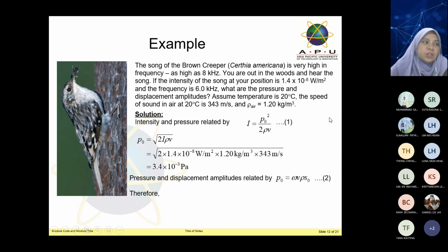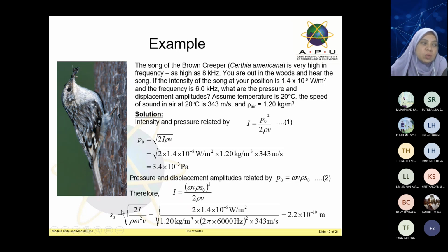Next, the pressure and displacement amplitude are related by P0 equals omega rho V S0. Therefore, use the formula: intensity is equal to this.